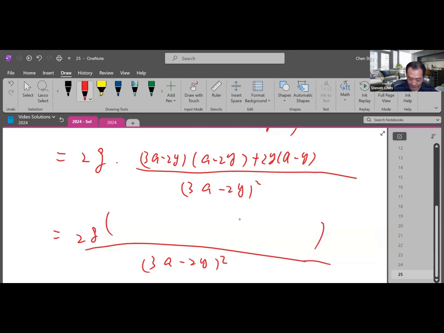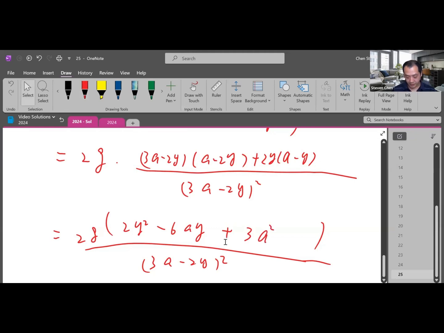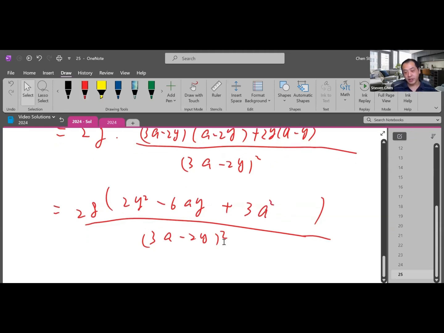First, the coefficient for y squared is 2y squared. Then let's look at the coefficient for the cross term a times y. Next, let's look at the coefficient for a squared. So this is the expression. Next, we need to check whether this term in particular, because the denominator is always positive, so we need to check whether the numerator, this one, is positive or negative.